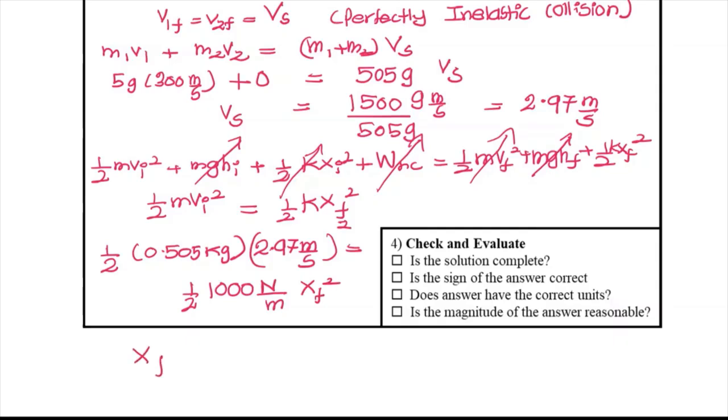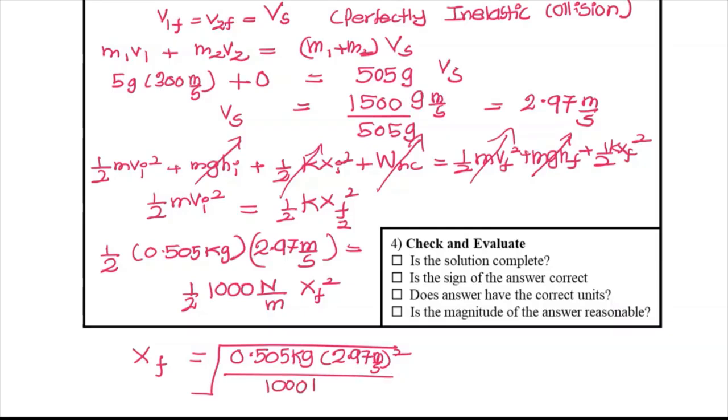And the initial speed would be the speed of the system, 2.97 meters per second. We calculated it in the previous step. You just have to rearrange the equation and solve for the compression of the spring.